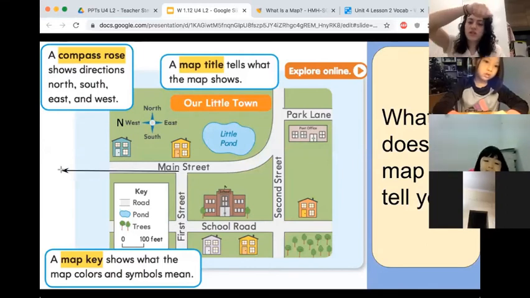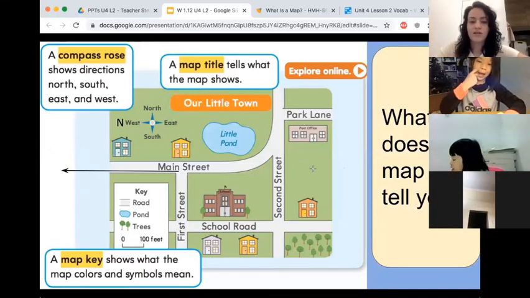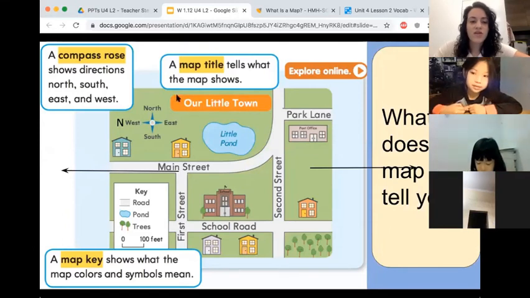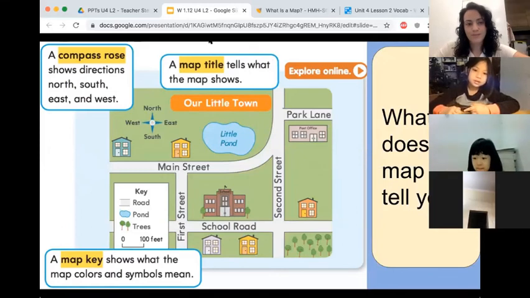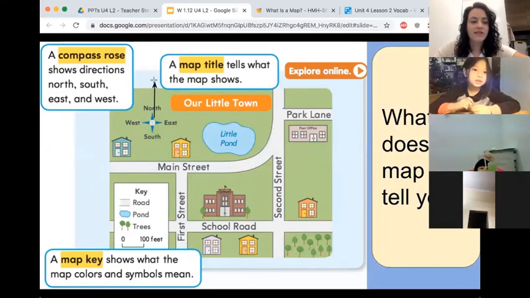So you'd actually want to turn the map maybe. That means this part's pointing to the North Pole and this part to the South Pole. So that's just telling you which direction the map is facing. So if it's a map, you just turn the map so that the north is at the top.